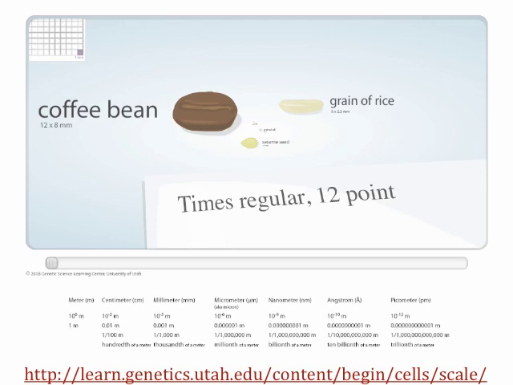The size scale hierarchy is the easiest one to understand, as it relates directly to the physical size of the objects involved. So play this movie a few times and try to identify the objects that it zooms by and get a feeling for their relative sizes.